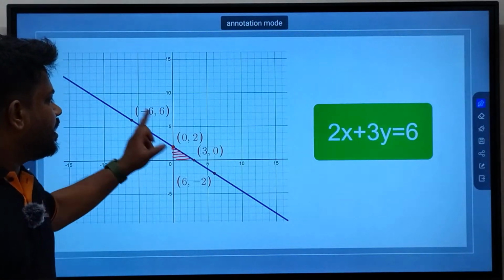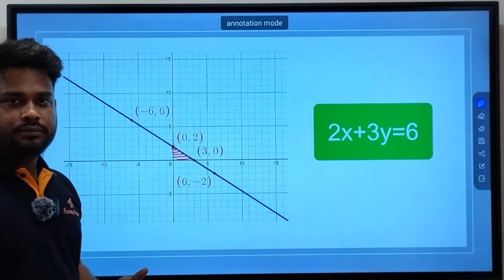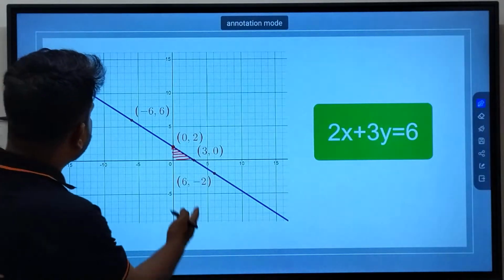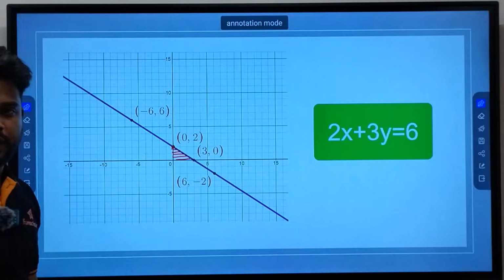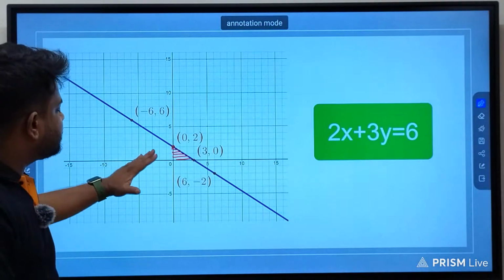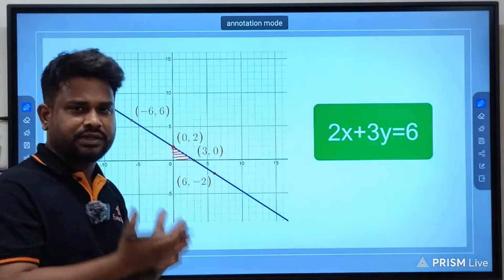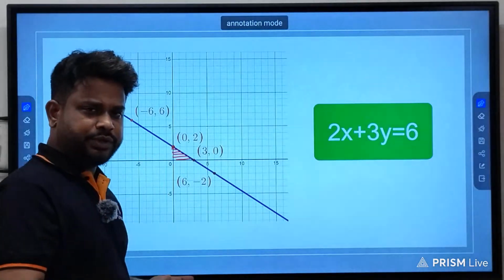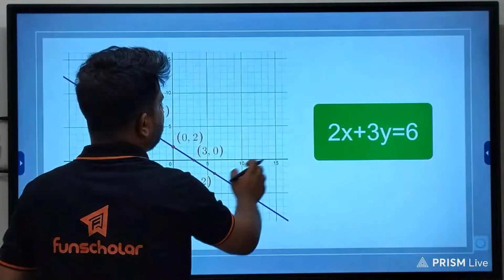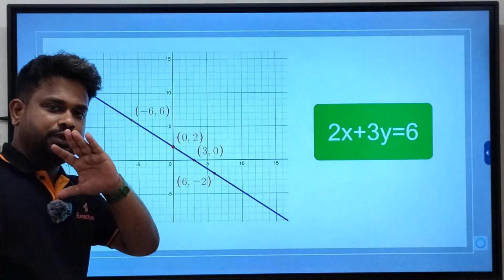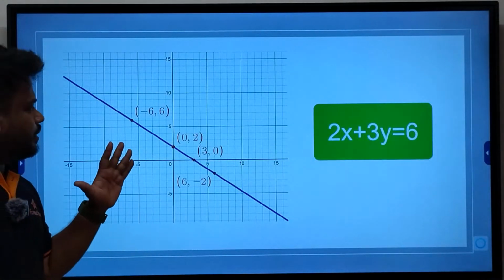This is a little triangle, right? And from this triangle I can also find the area of this triangle. This will be beneficial for your next class, maybe in coordinate geometry. But for this chapter we have to do only this much.